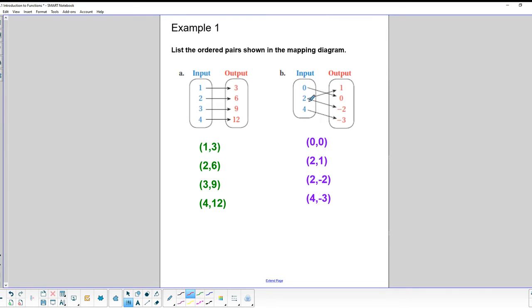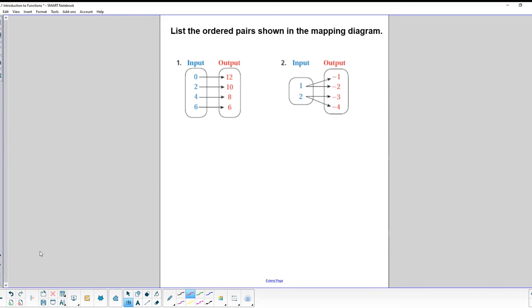And the number 2 on the input is paired with two different numbers, 1 and -2, and 4 and -3. So this is significant because when you have the number 2 for your input and something different for your two outputs like that, that means that this is not a function. And we'll talk more about that in a minute.